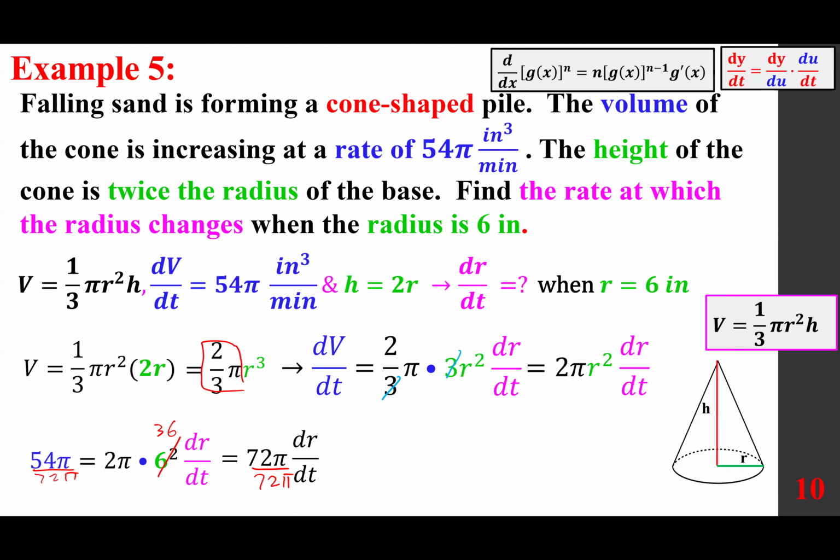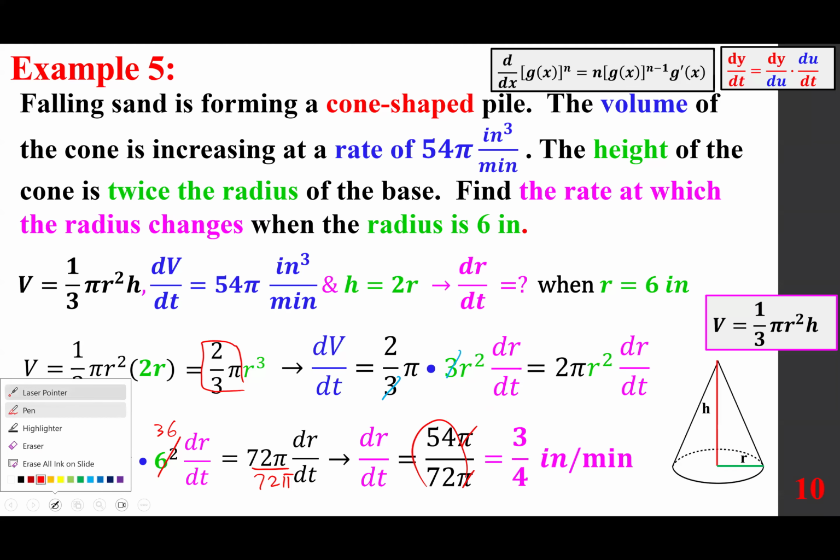Divide both sides by 72 pi. And these two numbers are divisible by 18, giving 3/4 of an inch per minute. Units of the radius over the units of time. Or if you put here 54 pi cubic inches per minute, and this r, you put it 6 inches and then square it, it works out in the same manner. In other words, what we do to numbers, we do to units.